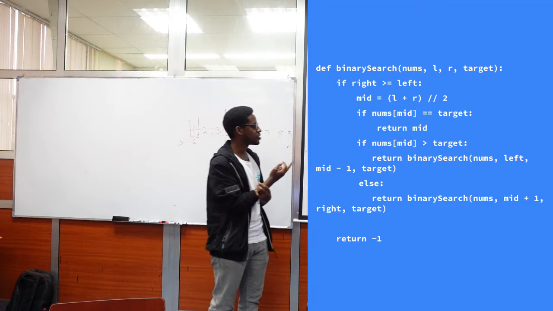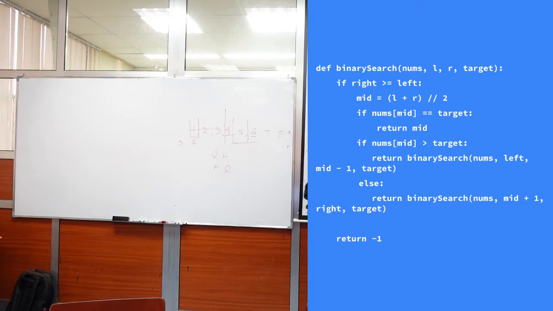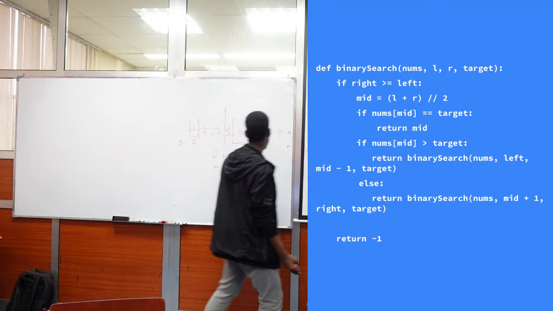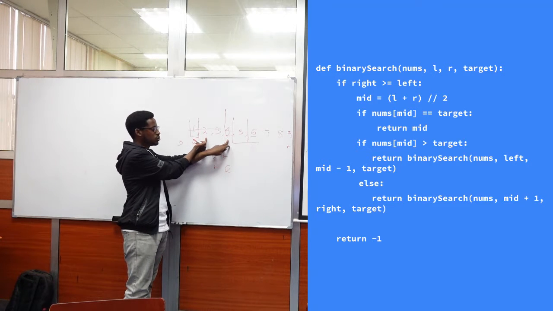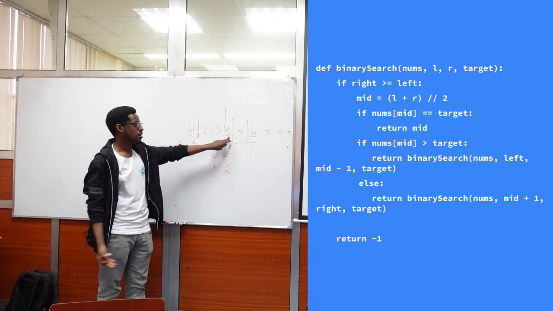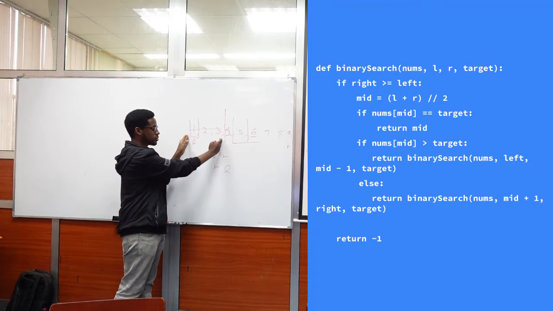So for the implementation, all we have to do is check the mid element. If the middle element is equal to the target, then we return it. If the middle element is greater than the target we're finding, meaning the target is 2 and the middle element is 4, then we modify our right pointer to be within this range.